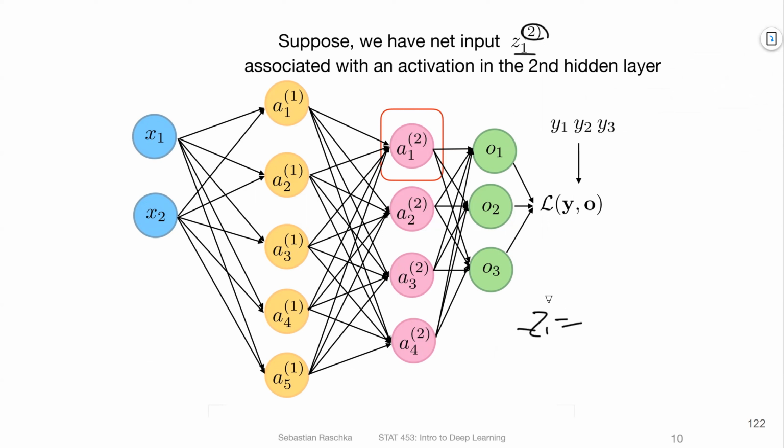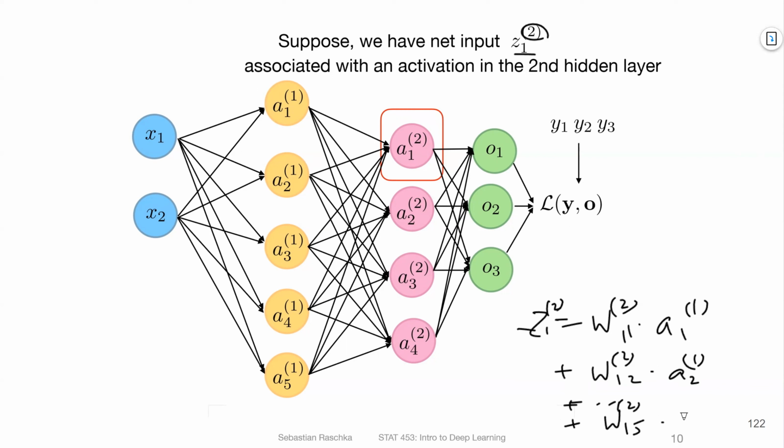Z1 at the second layer is calculated by W11 times A1 plus W12 times A2 from the first layer, and we do this for all other components, up to W15 times A5 from the first layer.